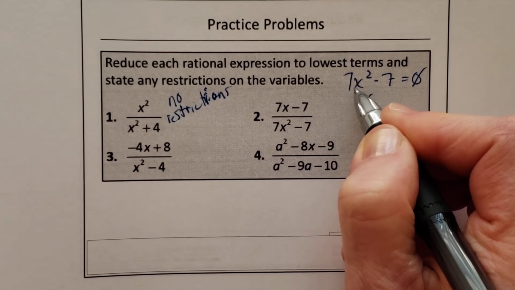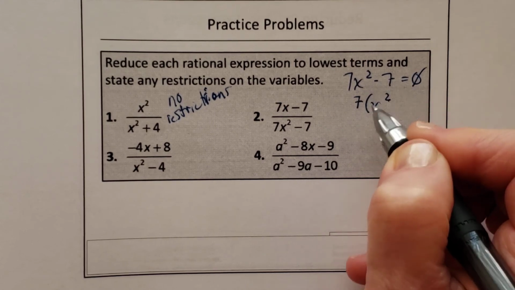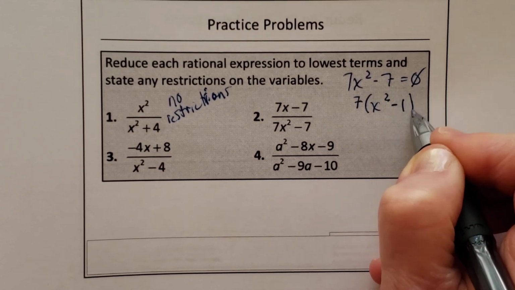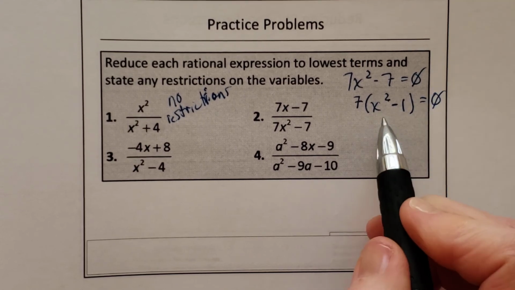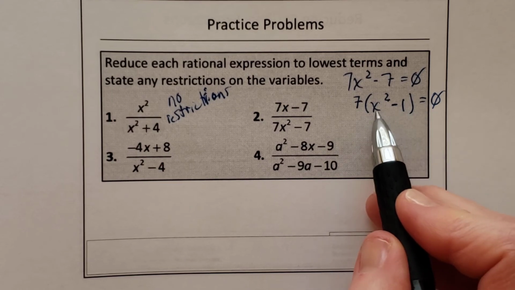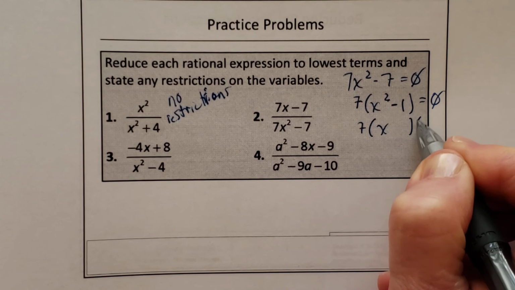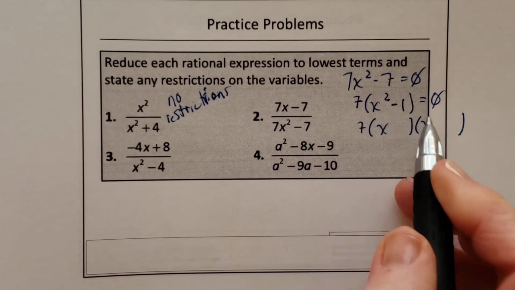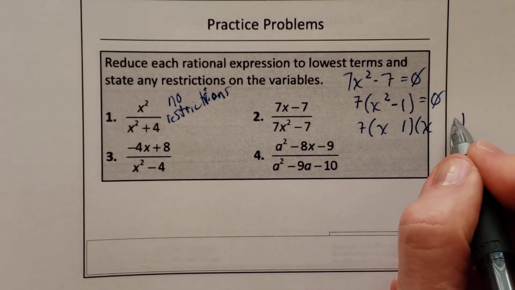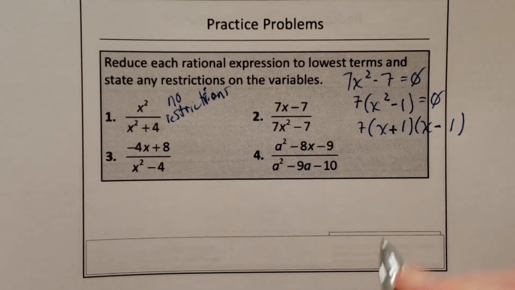So 7x squared divided by 7 is x squared. Negative 7 divided by 7 is negative 1. This is the difference of two squares, right? Isn't 1 a perfect square and x squared is a perfect square? The square root of x squared is x. The square root of 1 is 1. And since this is a minus, one gets a plus and one gets a minus sign.